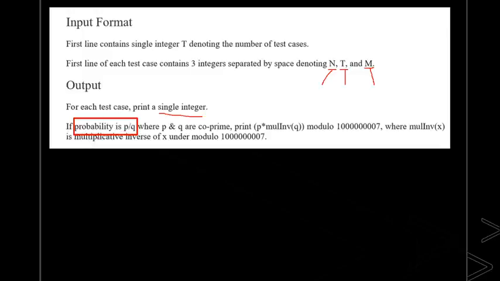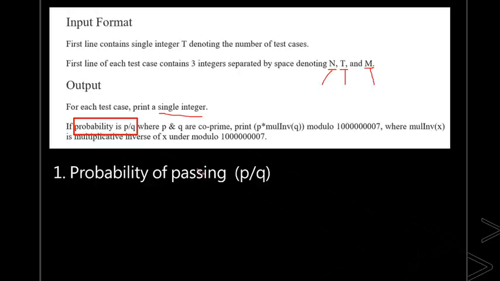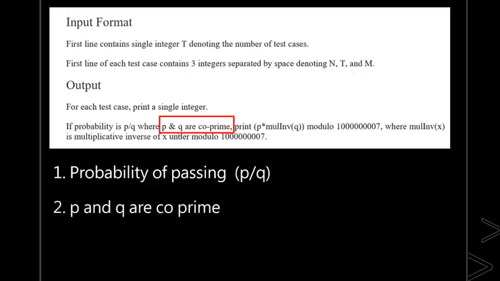If the probability is P by Q, the first step is to find the probability of passing. The numerator is P, the denominator is Q. That is the first step we are going to do. Okay. Second step, look at the second point here. P and Q are coprime. After finding P and Q, you need to check whether P and Q are co-prime. That is the second step. Look at the third step.